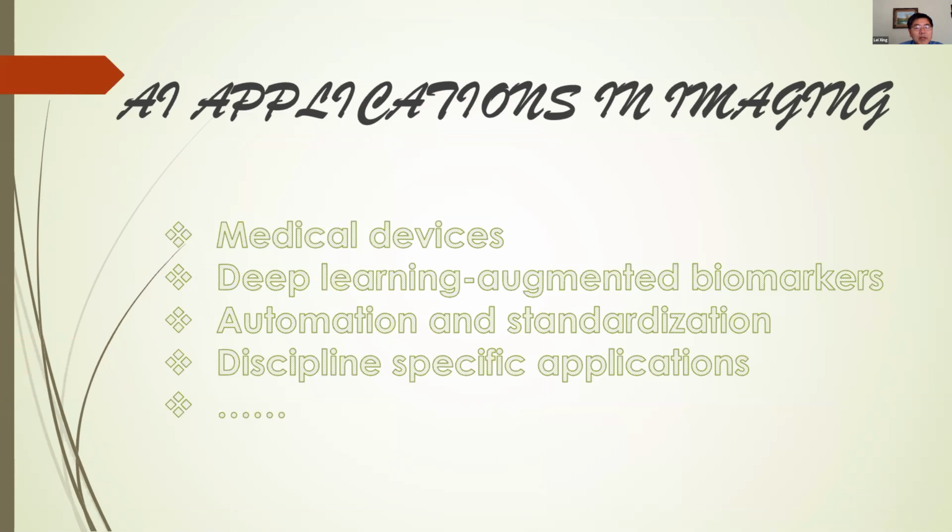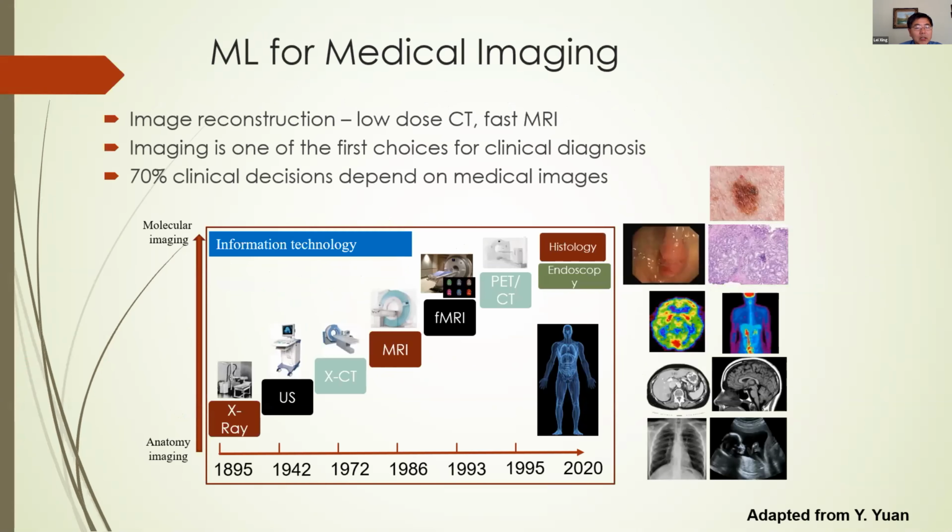So imaging, basically, image is data. It's actually a very special type of data. It has a spatial correlation. So actually, deep learning has really changed the way that people do image analysis, people do image reconstruction.